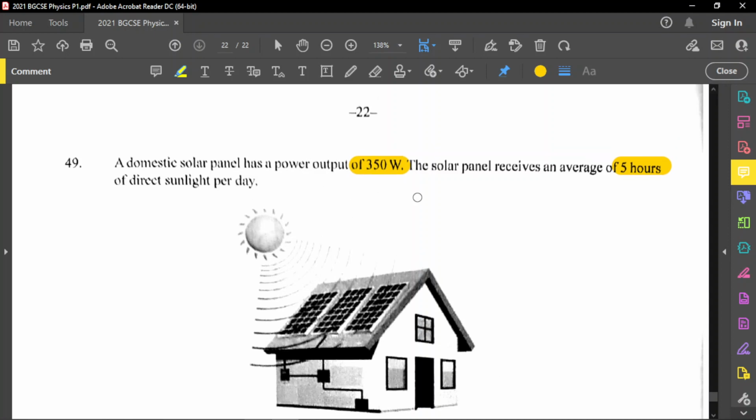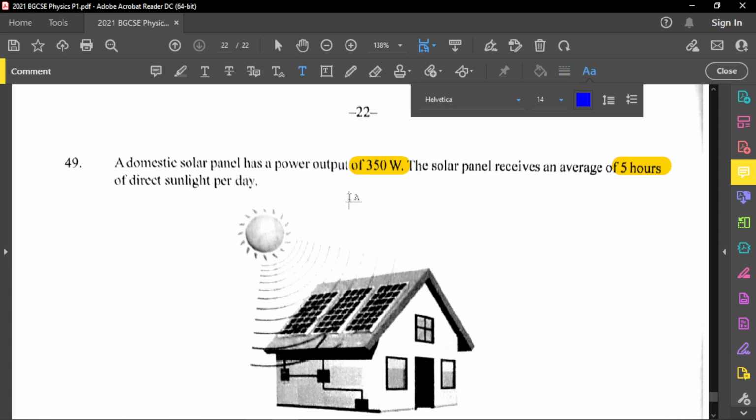First and foremost, we need to convert this into kilowatts, because remember we're working with kilowatts, and even the question and the answer state kilowatt here. So we divide this by 1,000, and we get 0.35 kilowatt. The time here is 5 hours.